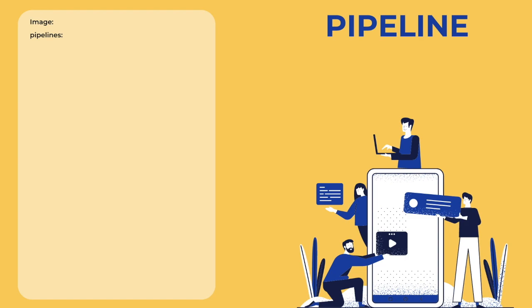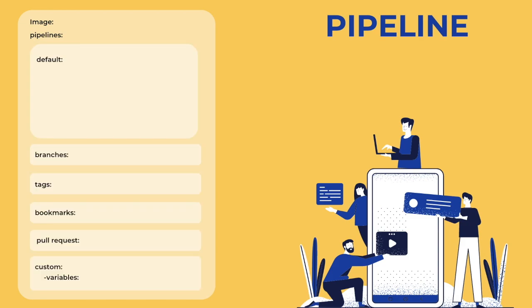While pipeline is running behind the scene, let's take a look at how it actually works. So initially it looked like this with image and pipeline. In the image tag, you define the Docker file that you want to use for your continuous integration. In that Docker file, you can install tools which are required by your build script. And in the pipeline section, you choose the pipeline strategy, which are something like this.